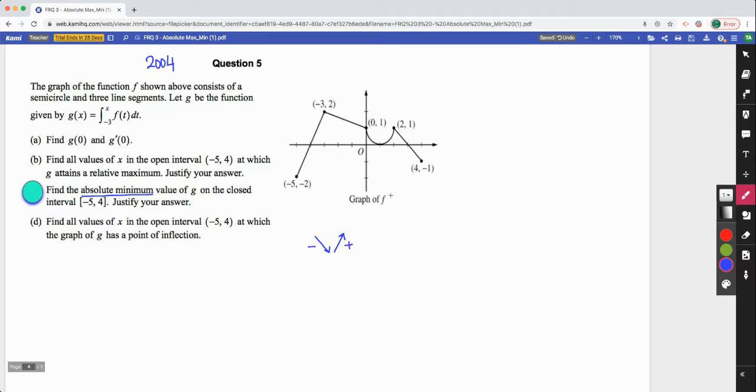So as you can see, this is the derivative function for g, because I know g prime of x is going to be f of x right here from this function. Remember one more time, this is FTC number 2. If you are struggling with this, just go ahead and review FTC part 2.